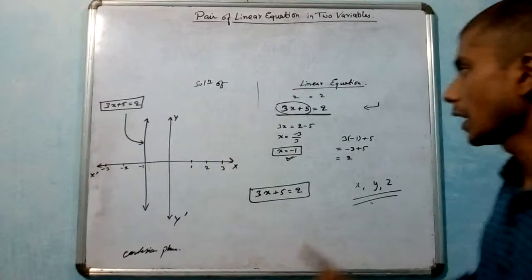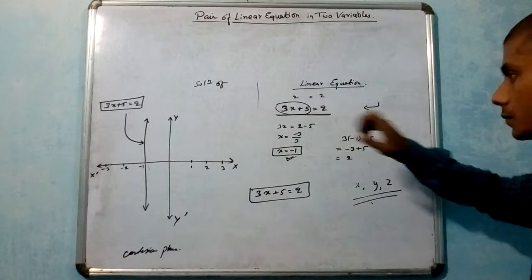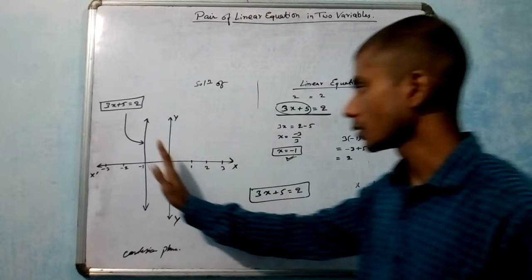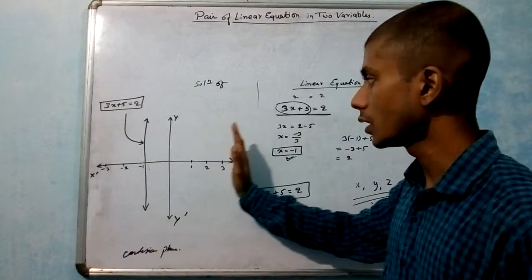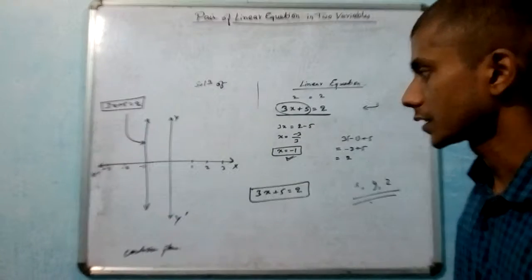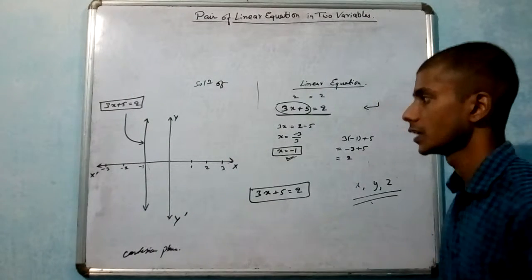When we have a linear equation in one variable, the line on the graph will always be either parallel or perpendicular to the x-axis or y-axis.